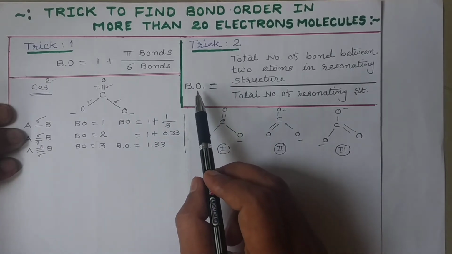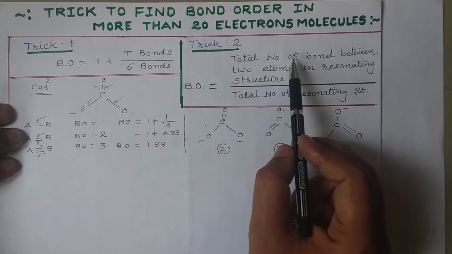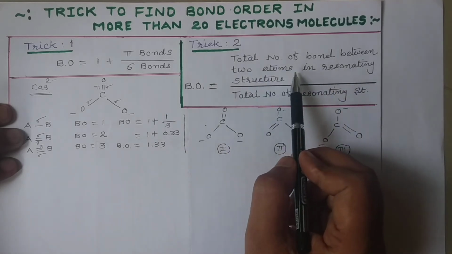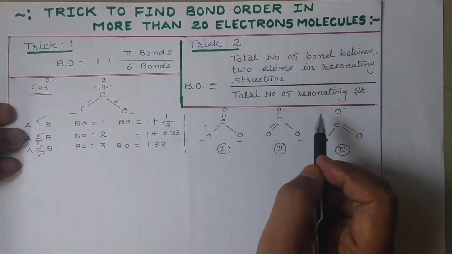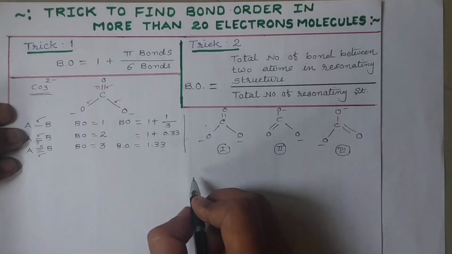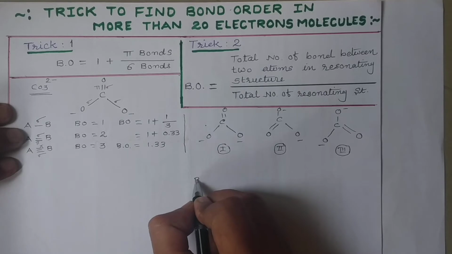What is my formula to find out the bond order? Total number of bonds between two atoms in resonating structures upon total number of resonating structures. Now we will calculate the bond order.